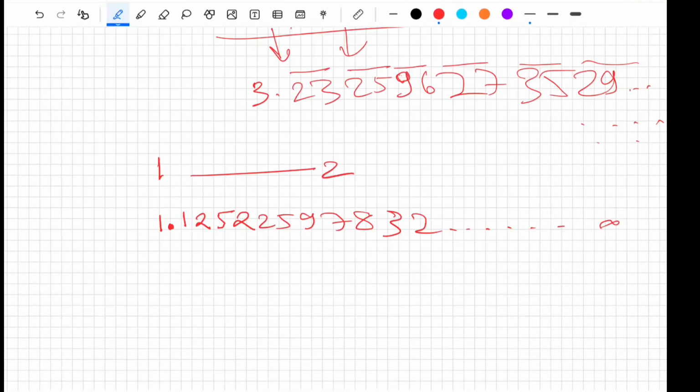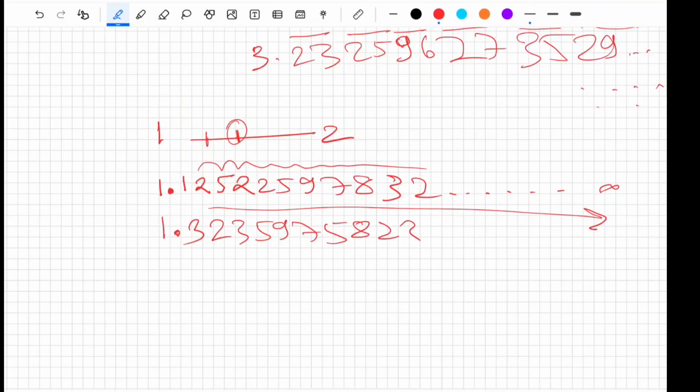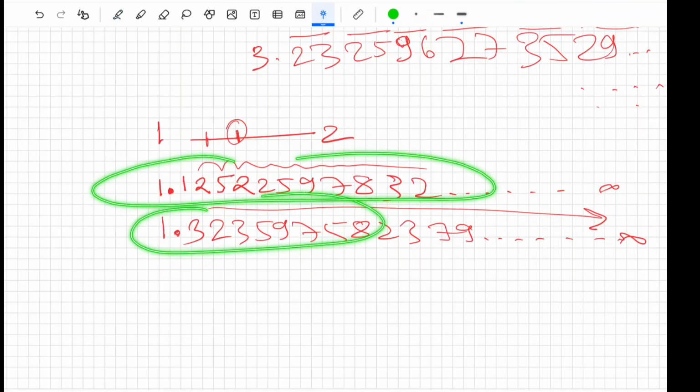Because it's non-terminating and no number is getting repeated, it's an irrational number. Simple. Like we can take 1.3, and this number is also somewhere between here, and you can randomly put any number and you will get another irrational number here.